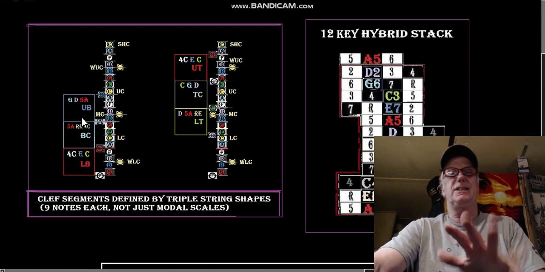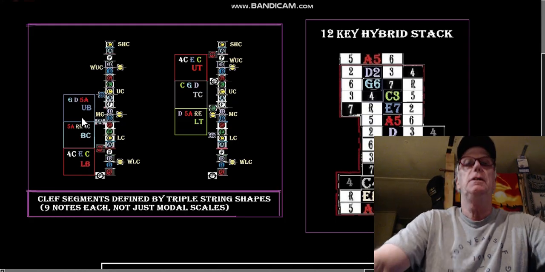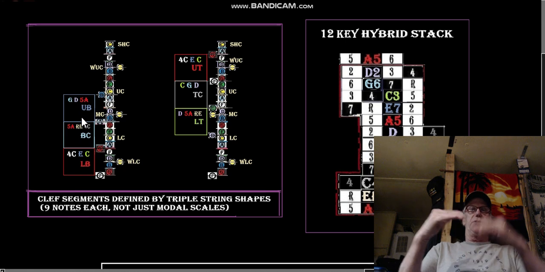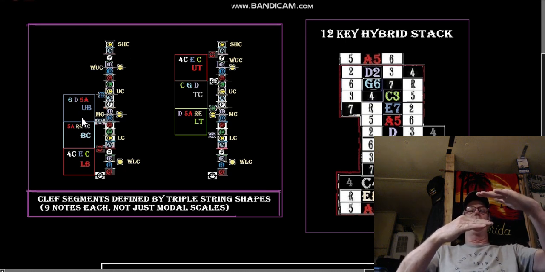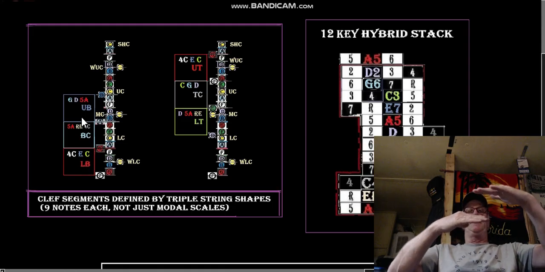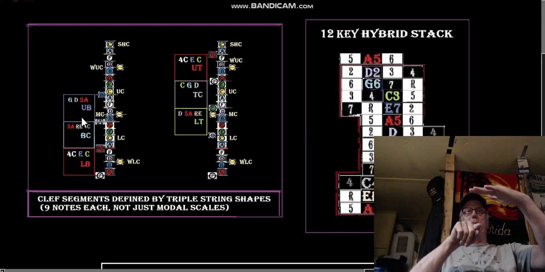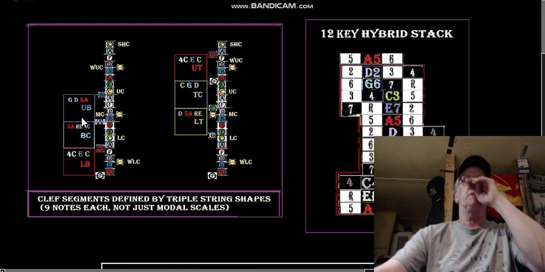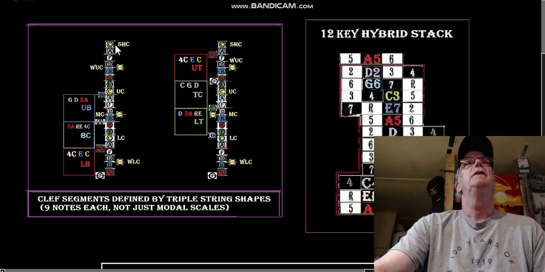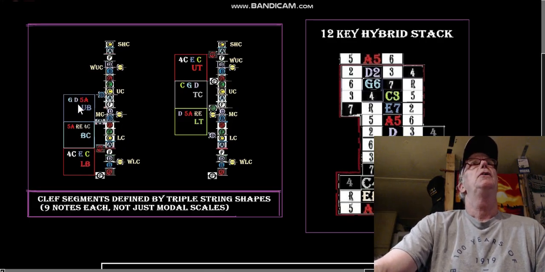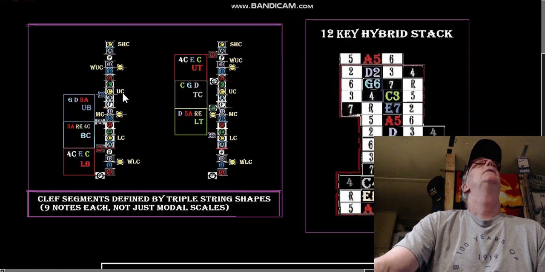I made like 6 charts on this subject, dividing the clefs up into different things. Maybe dividing them up into the inner notes. Maybe the inner notes plus 1 on the bottom to make a modal scale. Maybe, and then in this particular case, we have in 517, we have cage shapes.